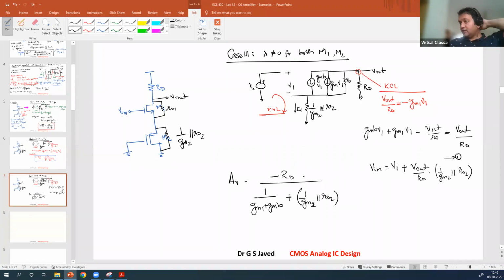This effective RD will now be RD. What it will be? RD parallel with RO1 and RO2. Okay, so that will be the output that you see here. Any intuitive analysis you got?